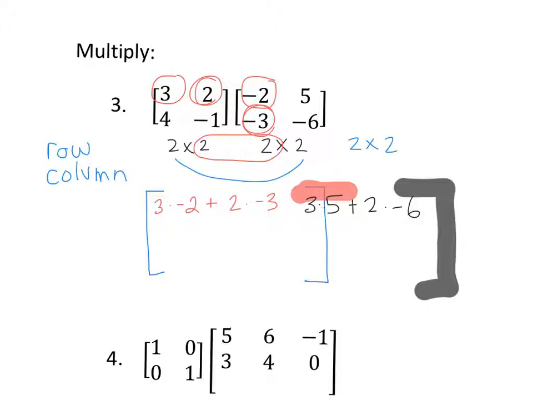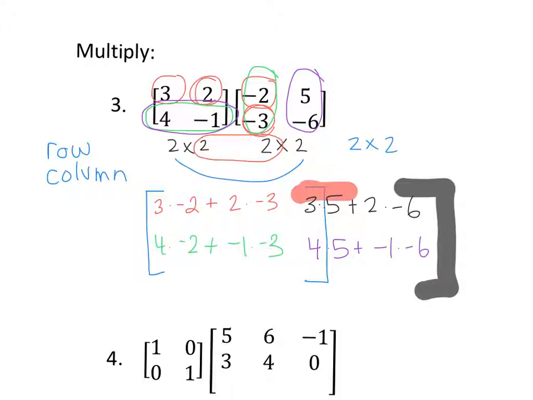And then my next one, I'm going to take this row and multiply it by this column. So it's going to be 4 times negative 2 plus negative 1 times negative 3. And my last part is I'm going to take this last row and multiply it by this column. So I do 4 times 5 plus negative 1 times negative 6.